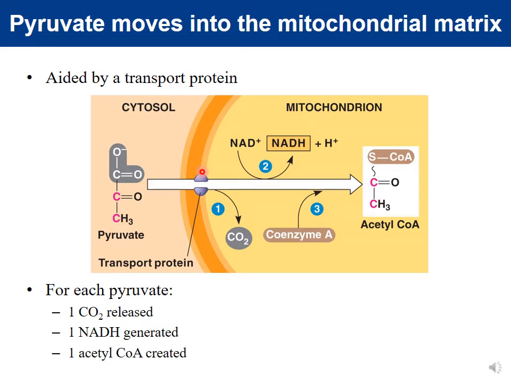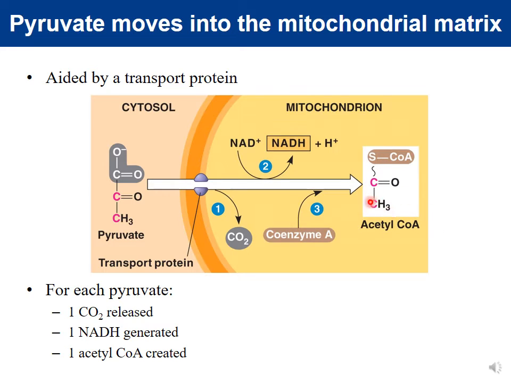Now, when this happens, when pyruvate goes into the mitochondria, we are going to break off a carbon and we get CO2. So per pyruvate, we get 1 CO2. To the remaining 2 carbon fragment, so these 2 carbons here, coenzyme A is going to come in and it's going to attach to that remaining 2 carbons. So here's those remaining 2 carbons from pyruvate, and they get a CoA added to them.